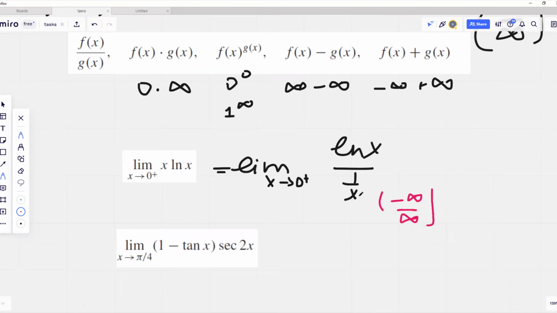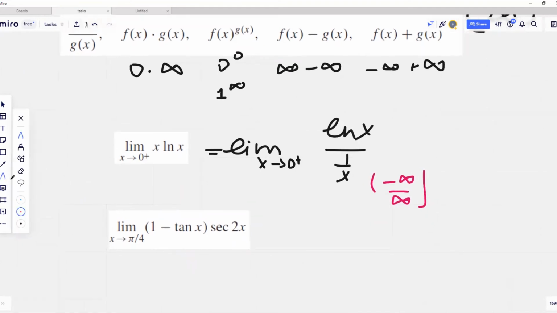Or we can also express this as the limit when x is approaching 0 from the right side of x over 1 over ln of x. Okay, so here the numerator is approaching 0 and the denominator is approaching 1 over minus infinity, so 0, too.